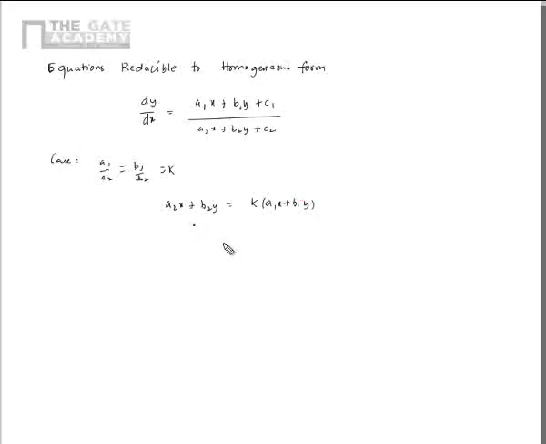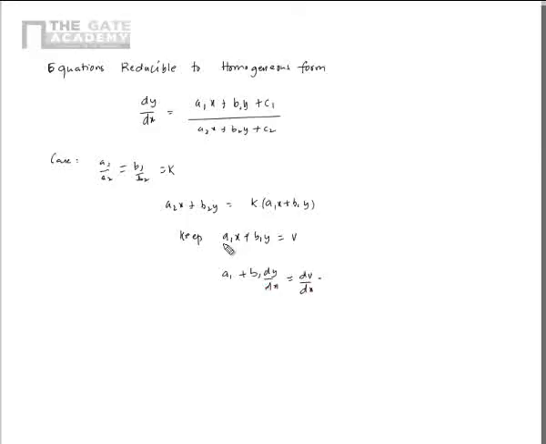And now keep a1x plus b1y as v. That's what this method says. Then try to bring the entire thing into variable separation form. Now if you differentiate this equation, a1 plus b1 dy by dx is equal to dv by dx.